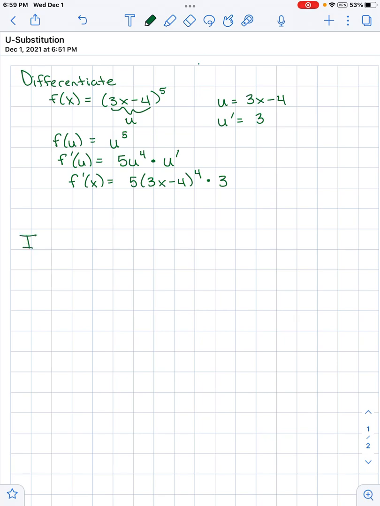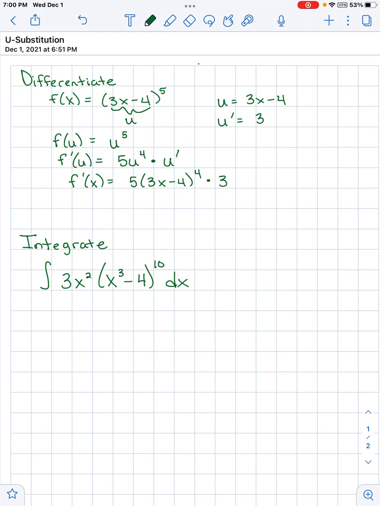So we're going to integrate this expression. Okay, we need to look at this and determine why we're going to use U-substitution.